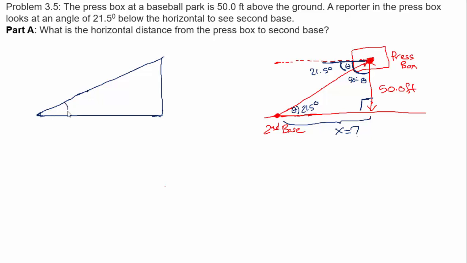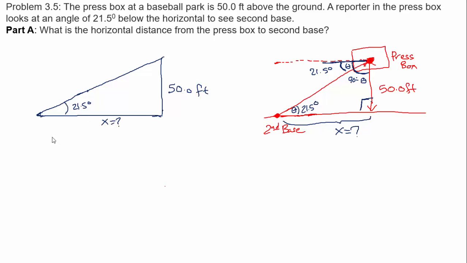So in this triangle, the angle here is 21.5 degrees, or whatever angle you are given here. We are given the height of the press box to be 50 feet, and we are basically asked to find x. So the unknown here is what? With respect to this angle, the unknown is the adjacent.